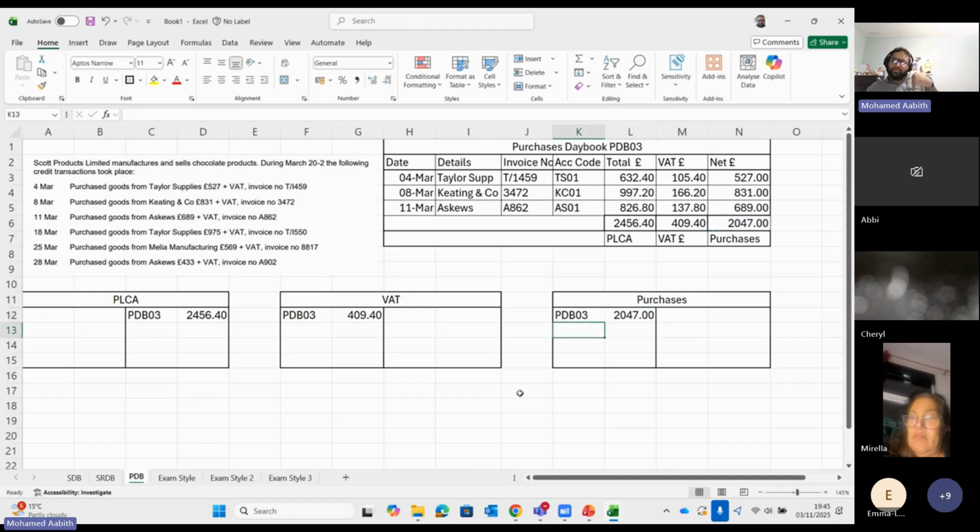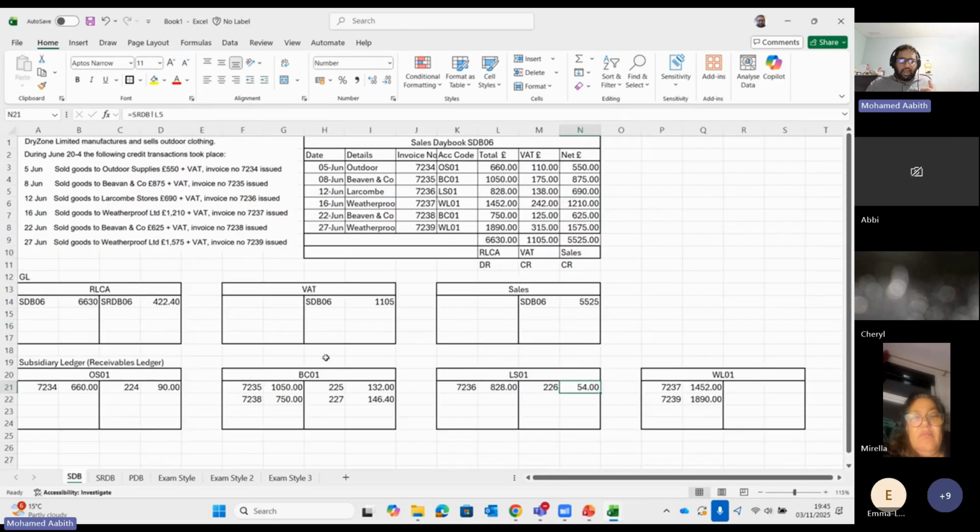But now, guys, you may ask me why the VAT is on the debit side here, while on sales it's on the credit side. Of course, you know the meaning. When we buy goods, we pay VAT to our suppliers, which means that VAT can be claimed back. So in a nutshell, all the sales daybook numbers will be on the credit side, and the purchase daybook numbers will be on the opposite side.